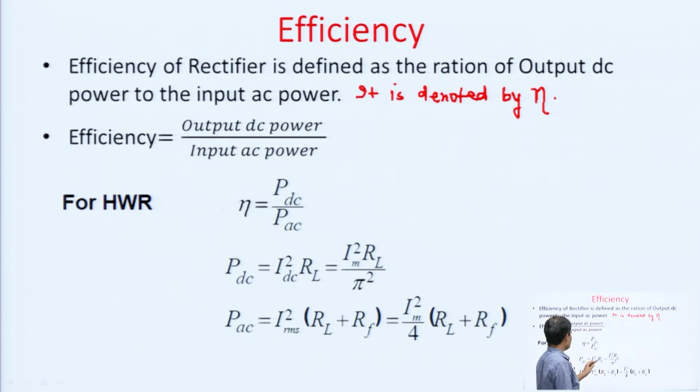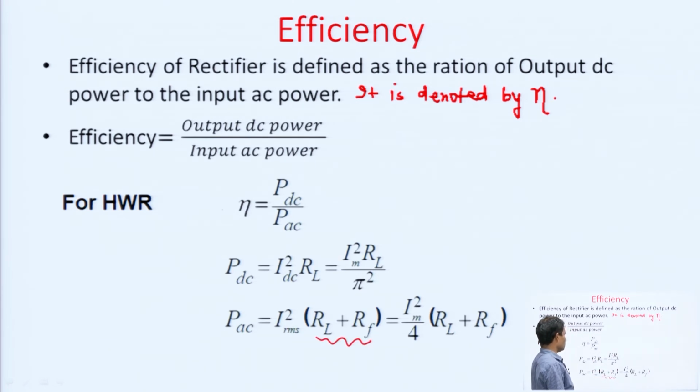Pdc is equal to Idc² RL is equal to Im² RL/pi². For the half wave rectifier, Pdc is equal to (Im/pi)² times RL, and Pac is equal to Irms² times (RL + RF), where RF is the forward resistance.